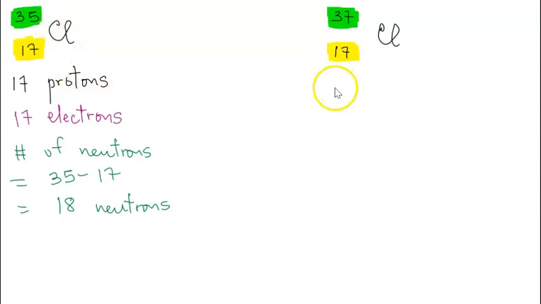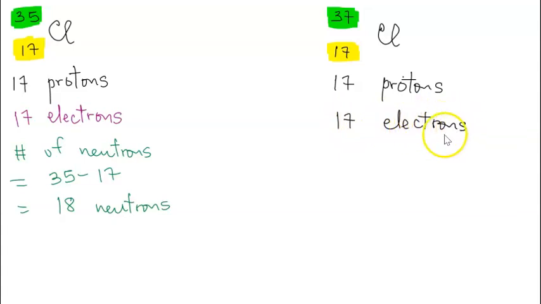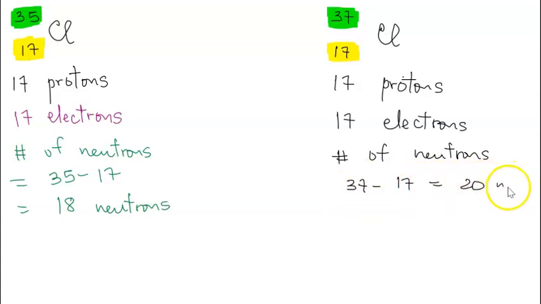Calculating number of protons, so I have 17 protons, 17 electrons, and my number of neutrons would be equal to 37 minus 17, which is equal to 20 neutrons.